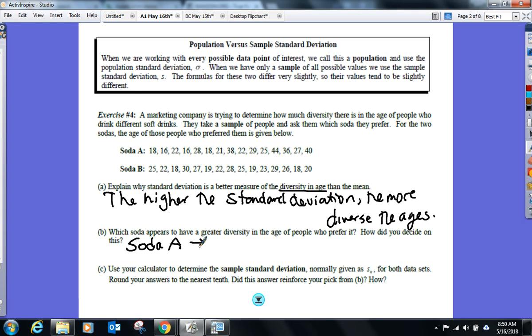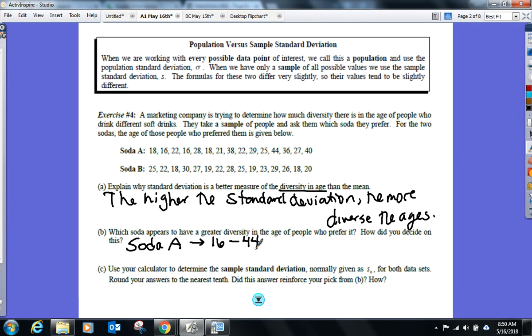Here you go. Soda A. What's the lowest and the highest in soda A? It ranges from what two ages? 16 to 44 versus soda B, which is 30. There a 30 in there? Okay, so a lot more diverse in soda A.